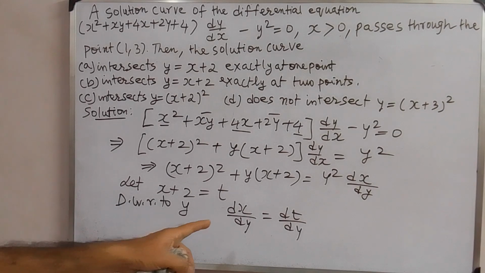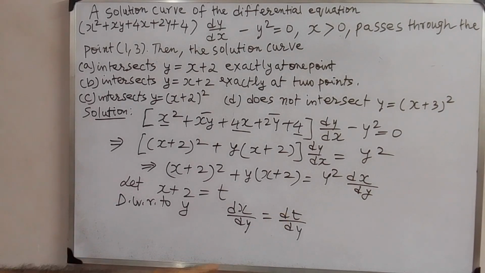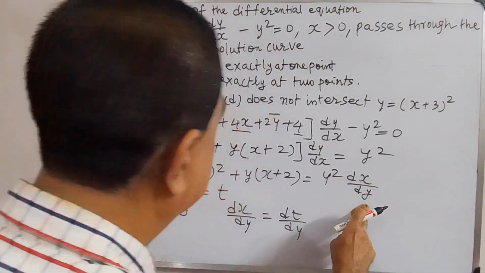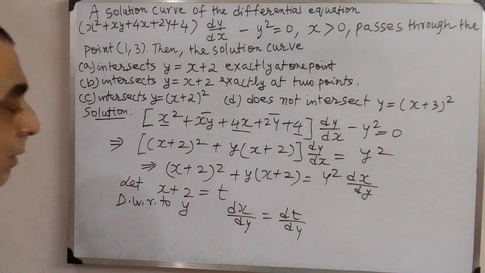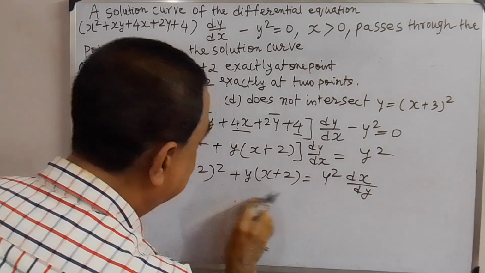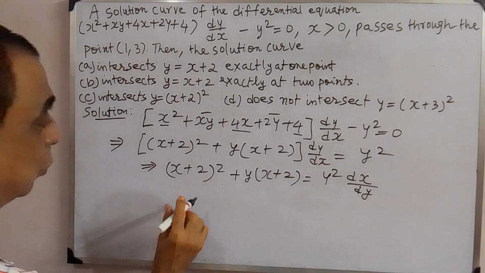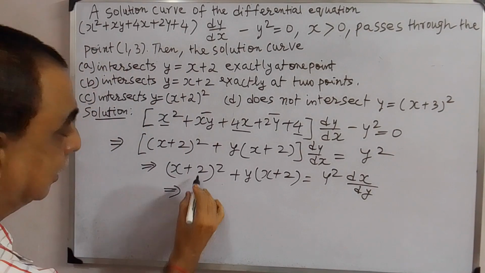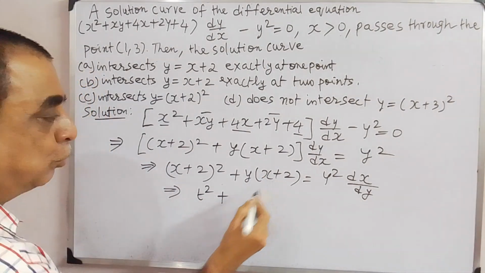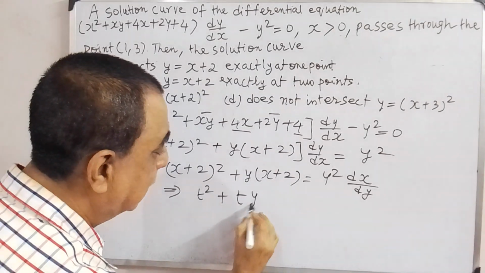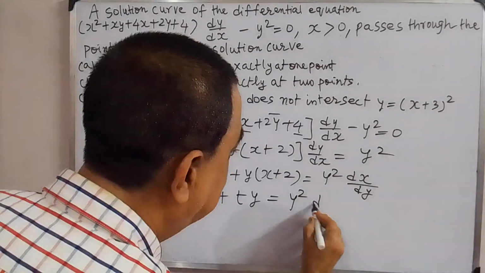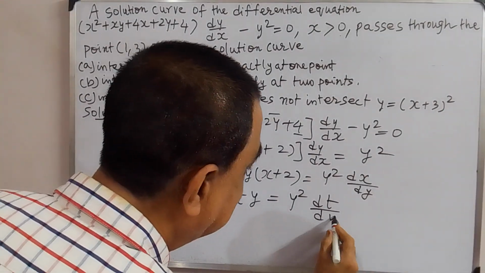So here dx by dy will be equal to dt by dy. In place of dx by dy, I am writing dt by dy. So here it will be t squared plus ty equals y squared dt by dy.